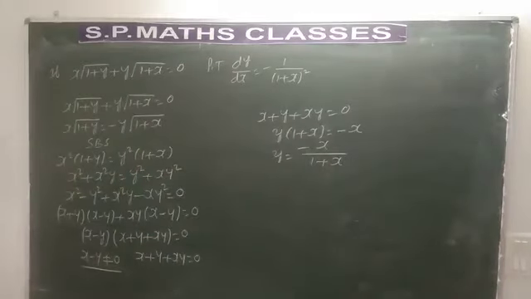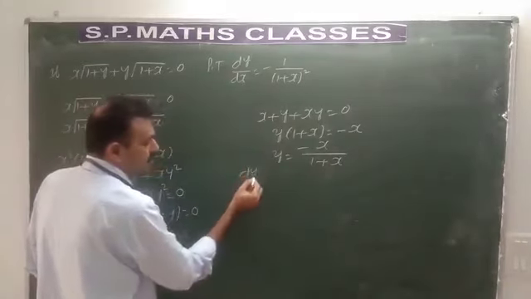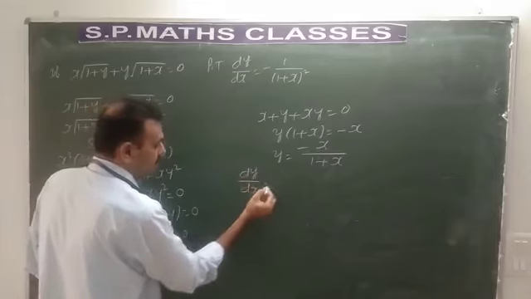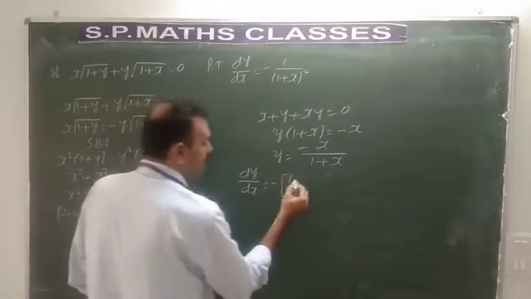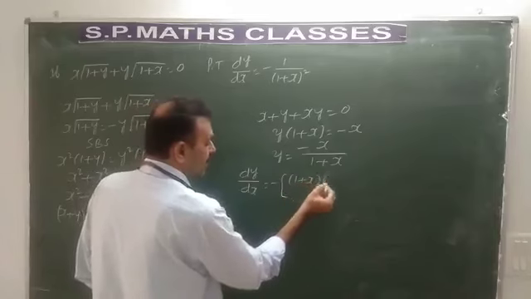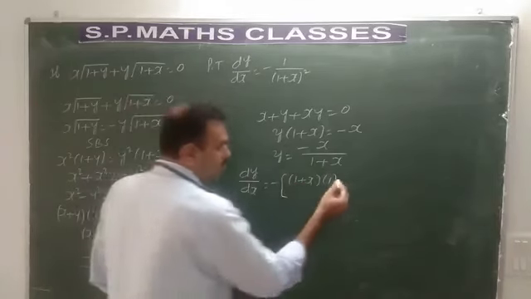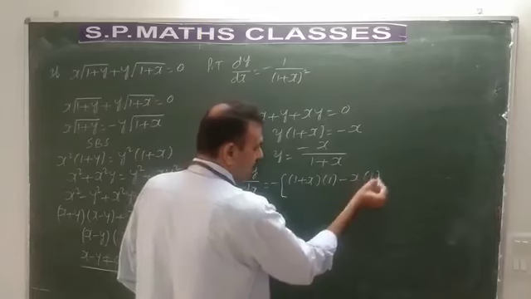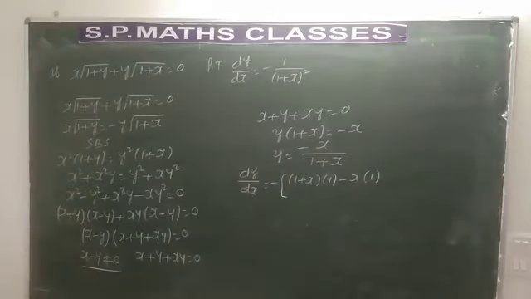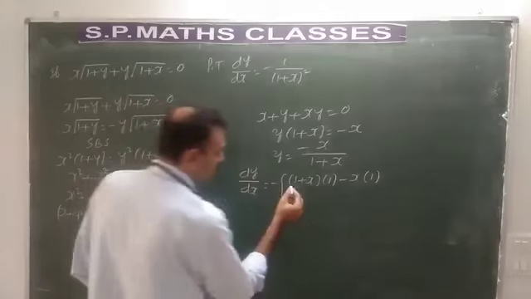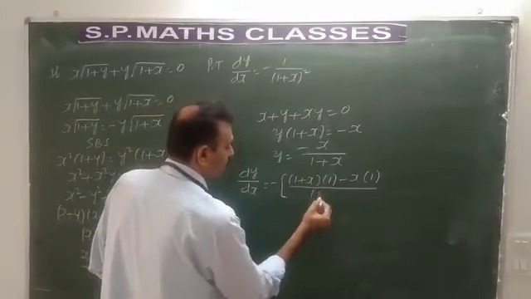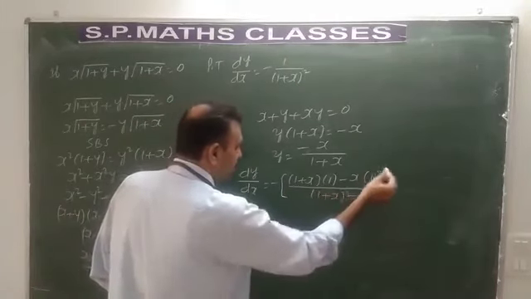Let us differentiate this. So dy by dx: denominator, derivative of numerator minus numerator, derivative of denominator. For 1 it is 0, for x it is 1, divided by 1 plus x the whole square.